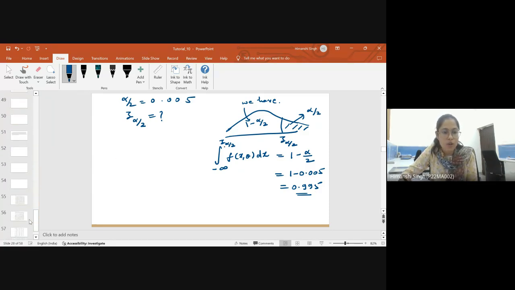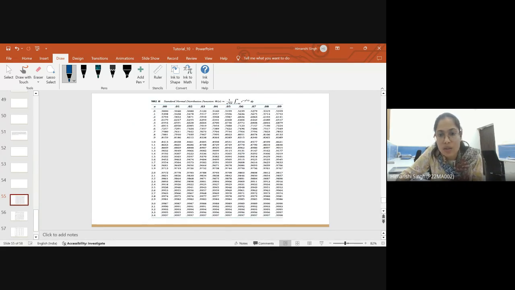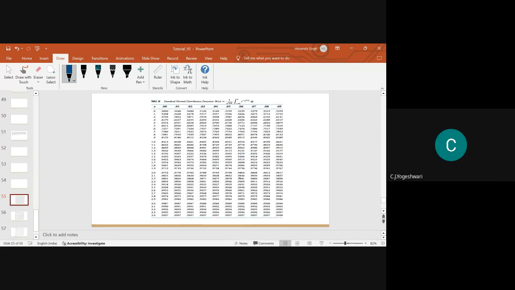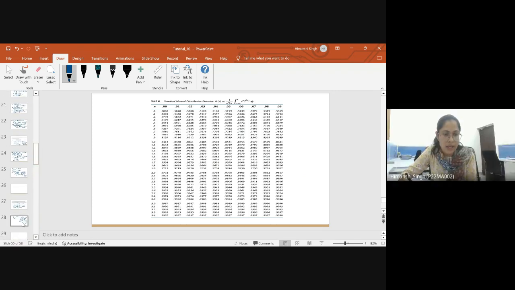Sorry to interrupt, ma'am. Can you explain this thing again? Okay, see this table. What is given in this table? These are the values of the point x, and these are the values of the integral, so basically these are the areas.